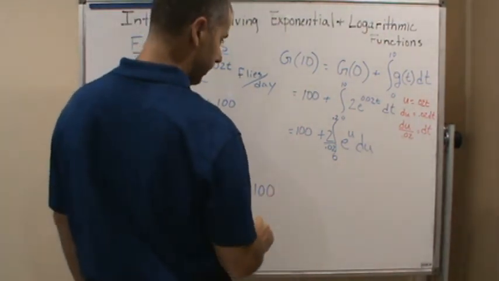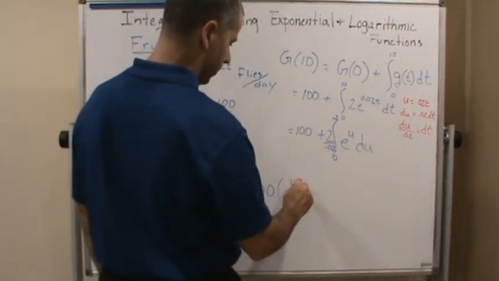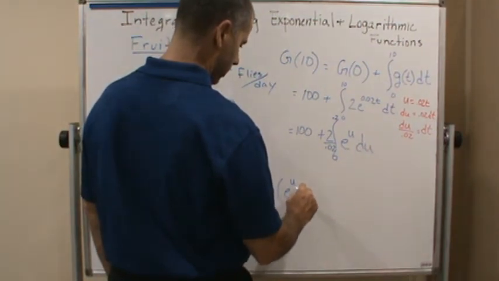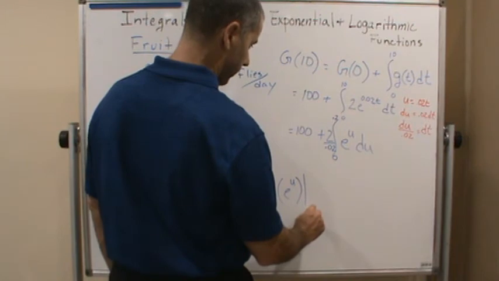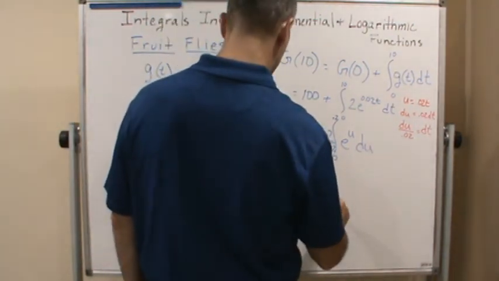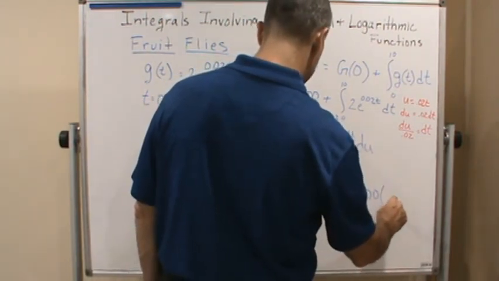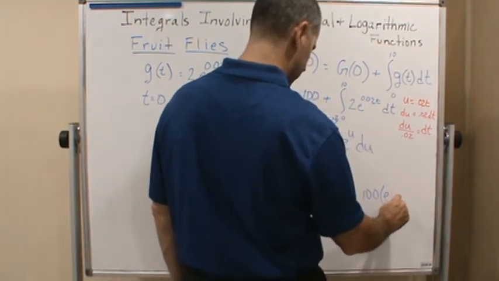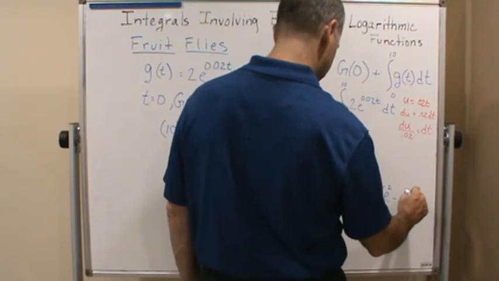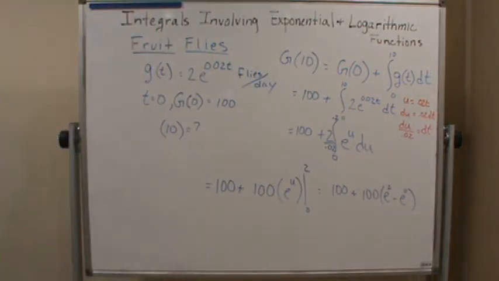So it's going to be 100 times e to the u evaluated from 0 to 0.2, which equals 100 plus 100 times e to the 0.2 power minus e to the 0 power, right? Okay, so let me stop there. Does that make sense?